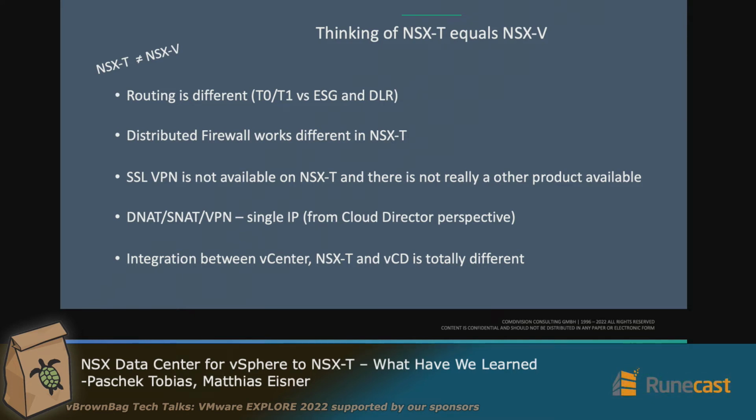No, it's just NSX. So NSX T is also dead. No, just kidding. But still, in Cloud Director, it is an issue in the user interface that you cannot configure VPN and SNAT or DNAT into the tunnel with the same single IP address. This will be fixed with the release of Cloud Director 10.4.1 in a couple of weeks.